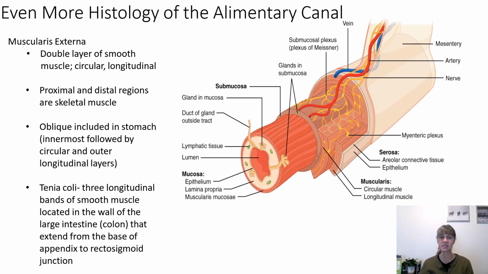It actually turns into 3 longitudinal bands of smooth muscle known as the teniae coli, and that extends from the base of the appendix to the junction of the sigmoid colon and the rectum, or the rectosigmoid junction.